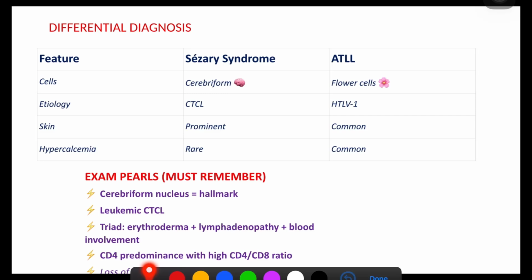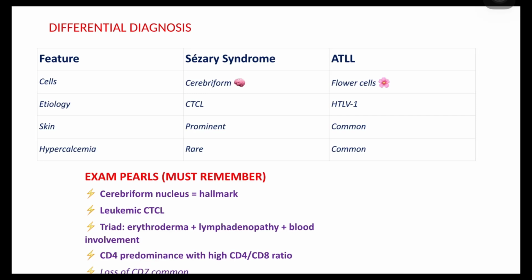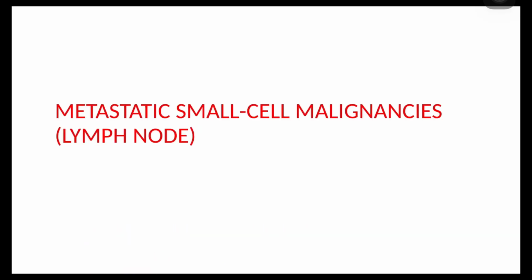Here it is cerebriform cells. So cerebriform nucleus, leukemic cutaneous T cell lymphoma, erythroderma, lymphadenopathy and blood involvement, along with CD4 predominance with high CD4 CD8 ratio, and loss of CD7 is common.